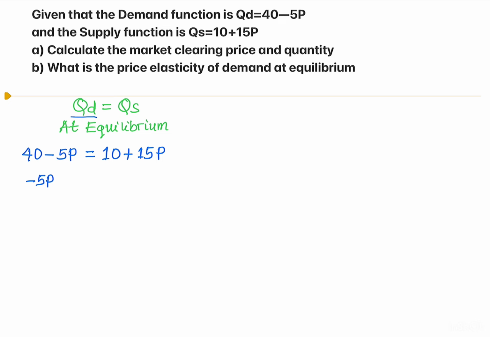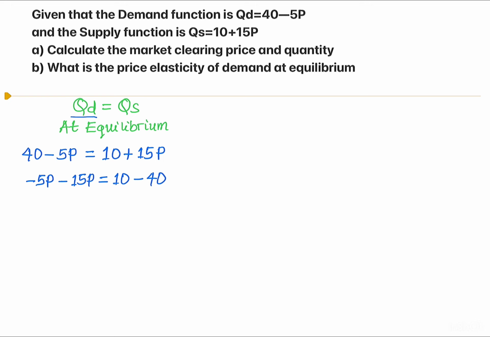It is very important. On the right side, we have 15p, so it has to come to the left side. When 15p comes to the left side, it becomes minus 15p. That's equal to 10, which is without p, so we leave it. And 40 is on the left side, we bring it to the right side, so it becomes minus 40.